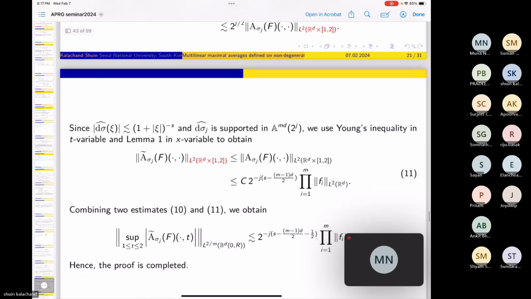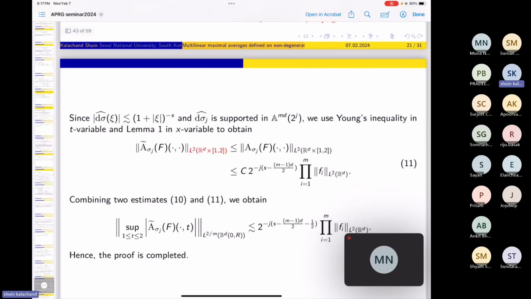Now, for A sigma j, we know that sigma hat has a decay property of order S, and the support of sigma j hat is contained inside the annulus of radius 2 to the power j. So then using lemma 1, which we proved very early for the operator Tm, which is the same as the operator A sigma j, we have this estimate.